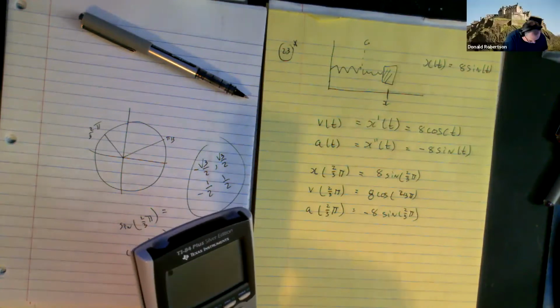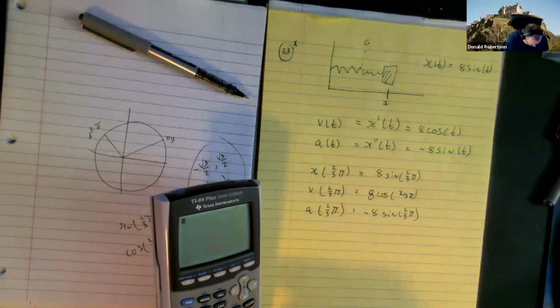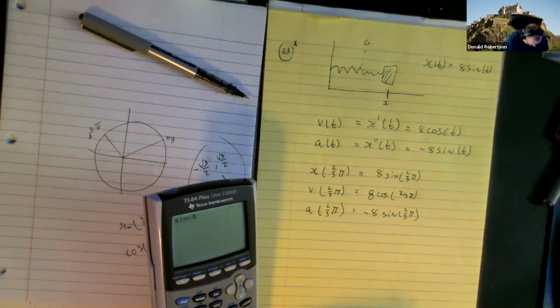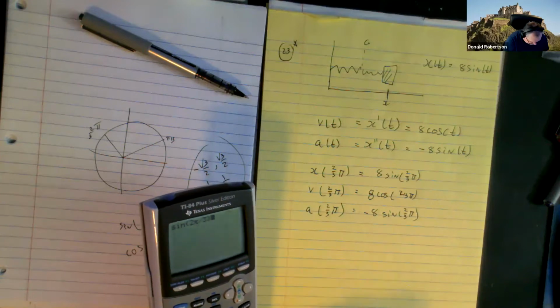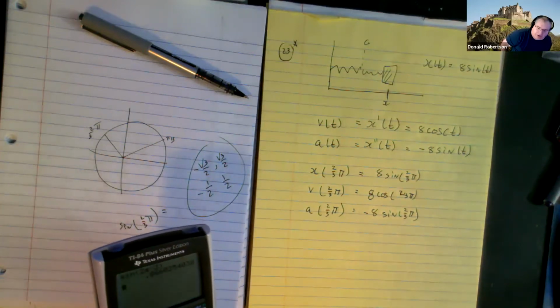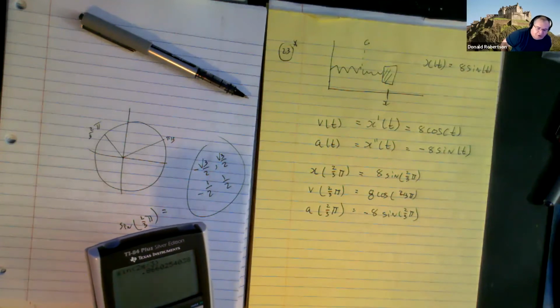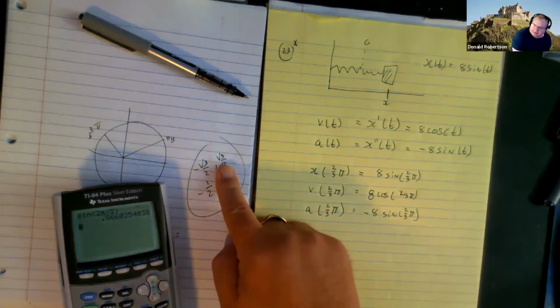Well, let's find out. The sine, make sure I'm in radians, which I am. The sine of 2/3 pi, the sine of 2 pi divided by 3 is 0.866 and a whole load of stuff. Would you agree that that has to be that fella?